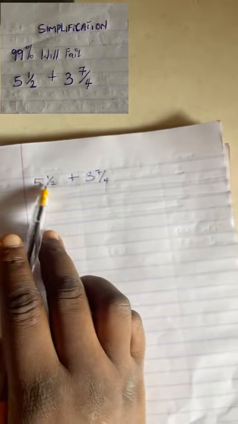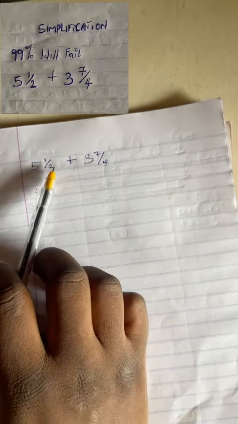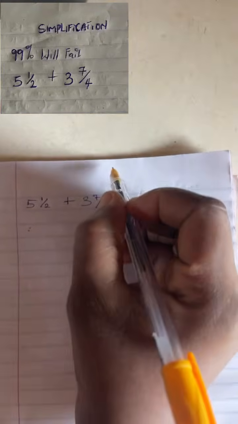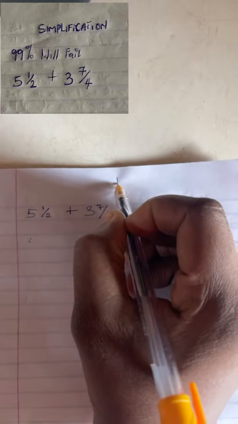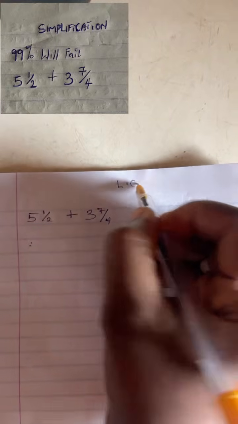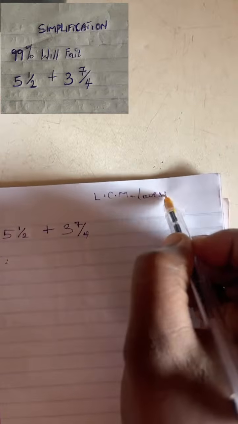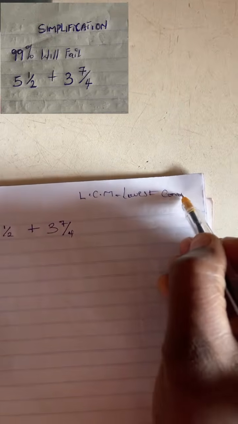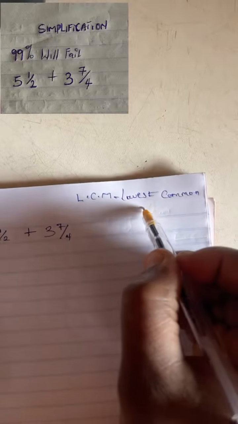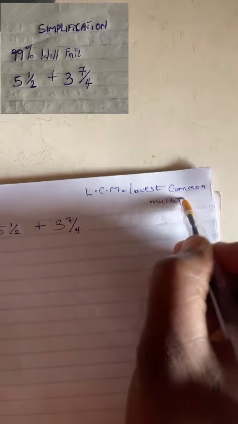How we're going to solve, you look for the LCM of 2 and 4. You know what LCM means? Lowest common multiple. Then we look for the LCM of 2 and 4.